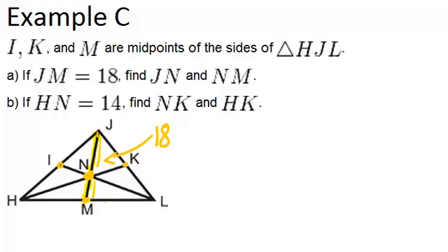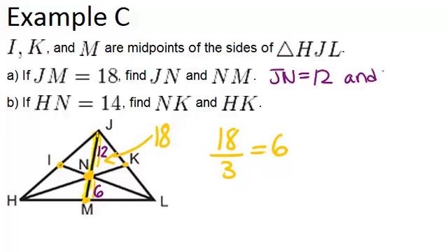So that means if the whole thing is 18, and 18 divided by 3 is 6, 6 will be 1/3 of JM, and 12 will be 2/3. So the two segments, NM, the shorter one, is 6, and JN, the longer one, is 12. So our two answers are JN equals 12 and NM equals 6.